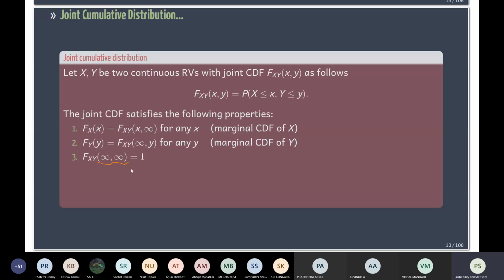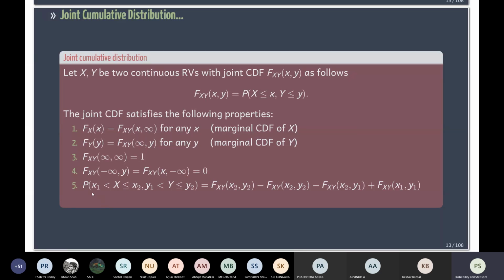And then this is also not a surprise. If we put x and y both at infinity, then this is like the whole sample space S. So the probability of the sample space will be 1. And similarly, these things are creating an empty event, so there the probability will be 0. And similarly, the rectangle law, if you remember from the discrete case, this is the formula that we proved.